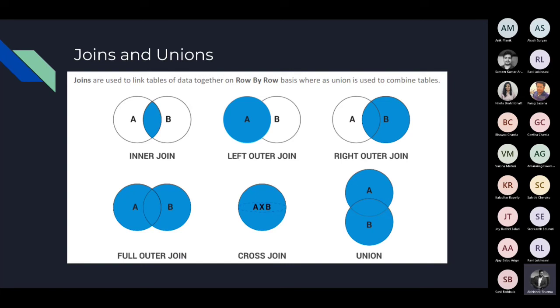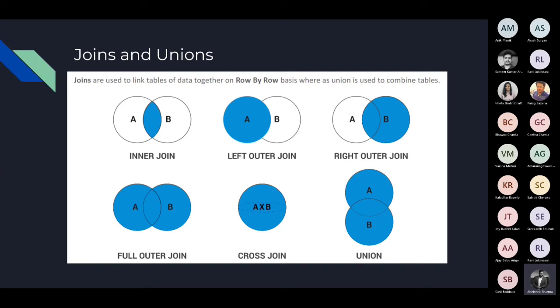which will give me all the rows from my left table and the matching rows between the left and the right table. Third would be my right outer join or right join, which will give me all the rows from the second table and the matching rows from the first and second table. Then I have my full outer join, which will give me all the rows from both tables.